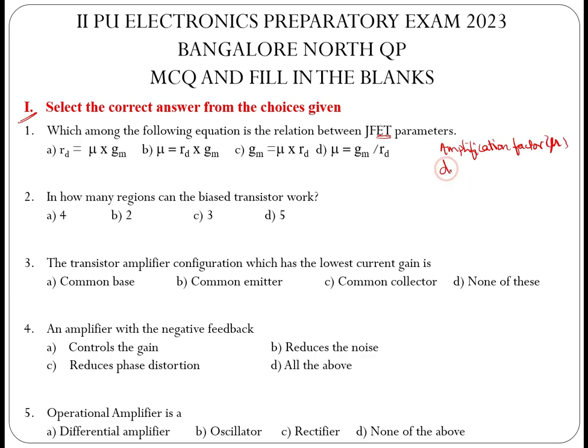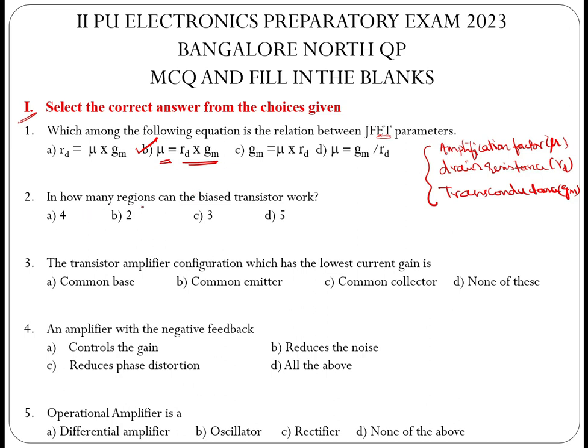Then drain resistance, RD, and transconductance, GM. These are related by the relation mu is equal to RD into GM, that is option B.